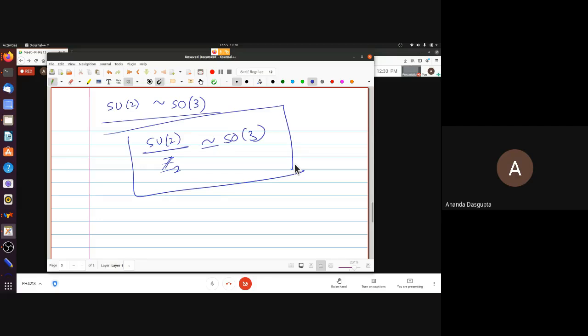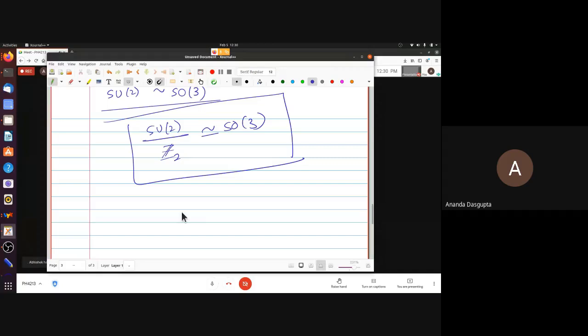Although you don't really need that, because if you remember what we did there, we showed the homomorphism basically by starting with this construction. You take this sigma dot r, form u sigma dot r u dagger, that gives you sigma dot r prime. I hope everybody remembers this.